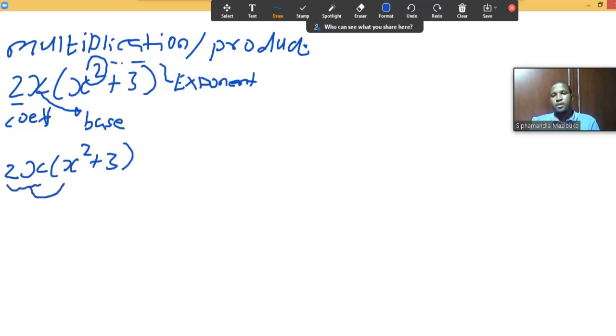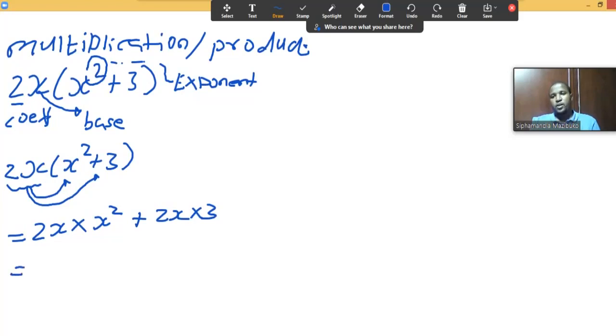So you multiply that, and you also multiply it with that one, which is 3 in this case. So this will be equal to 2x multiplied by x squared. We keep our positive, and then we have 2x multiplied by 3.